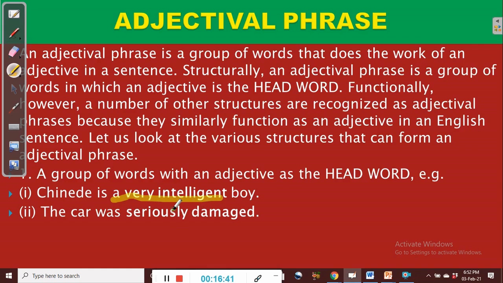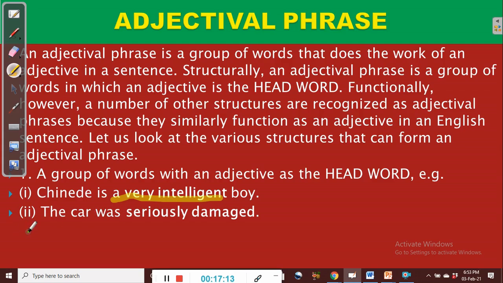So all these constitute an adjective phrase, and together they give us additional information about "boy." If we say Chinede is a boy, and we ask what kind of boy is he? He's a very intelligent boy. So an adjective phrase, like an adjective, always answers the question which one, what kind, or what type.